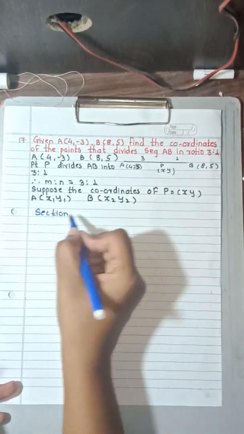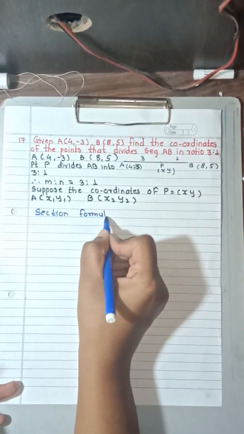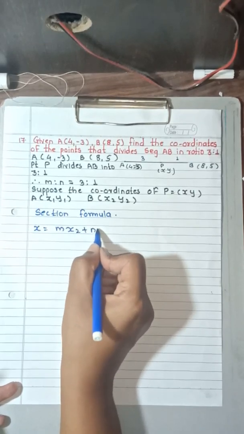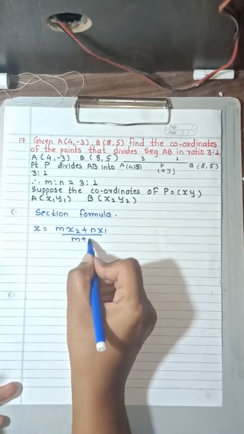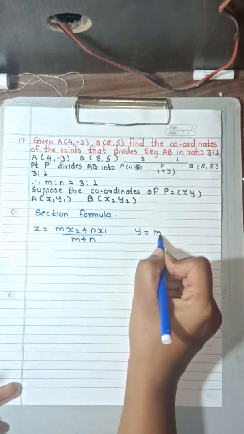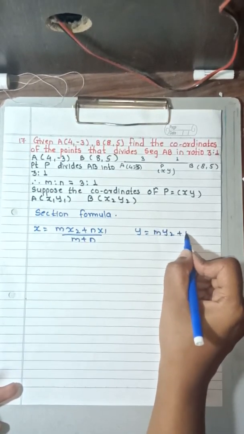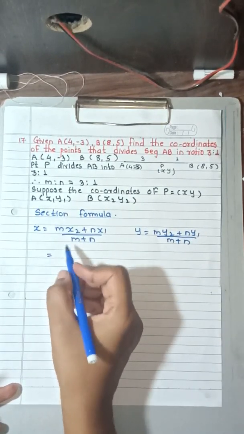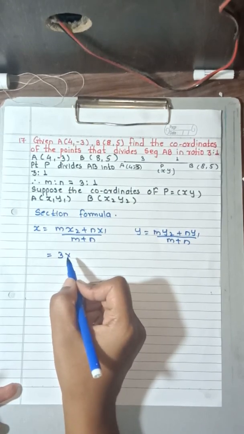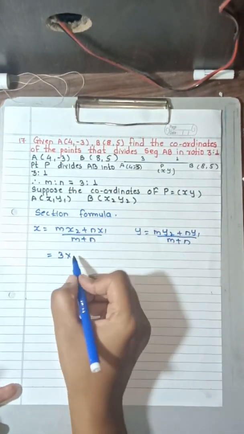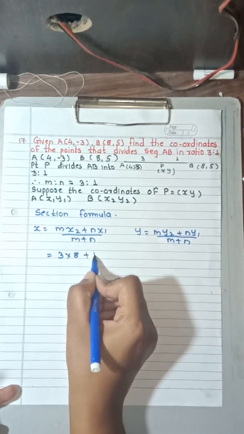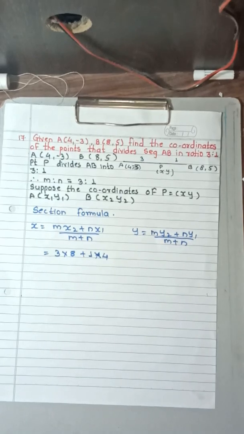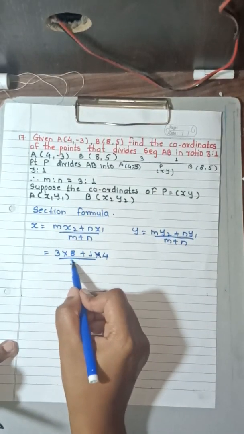By section formula, x is equal to (m x2 plus n x1) upon (m plus n). Similarly for y also, (m y2 plus n y1) upon (m plus n). Now you know what is m. m is 3 into x2 is what? What is x2? x2 is 8 plus 1 into 4, upon 3 plus 1.